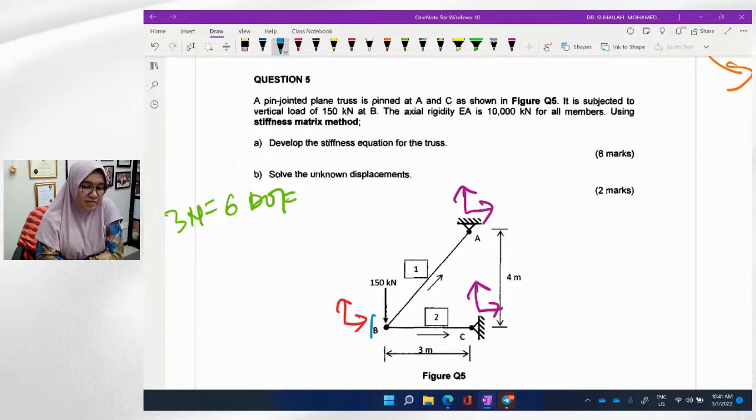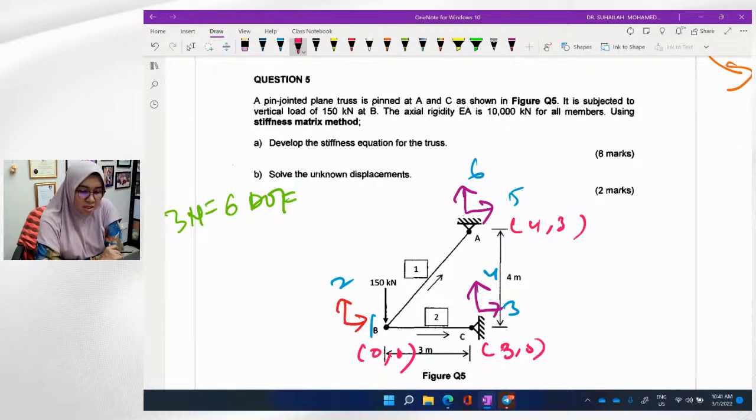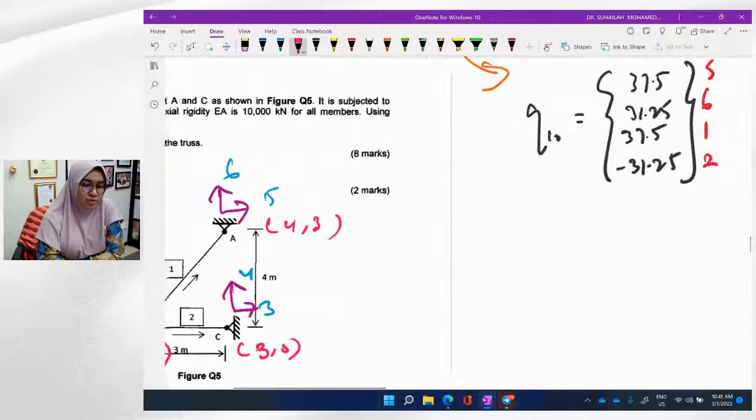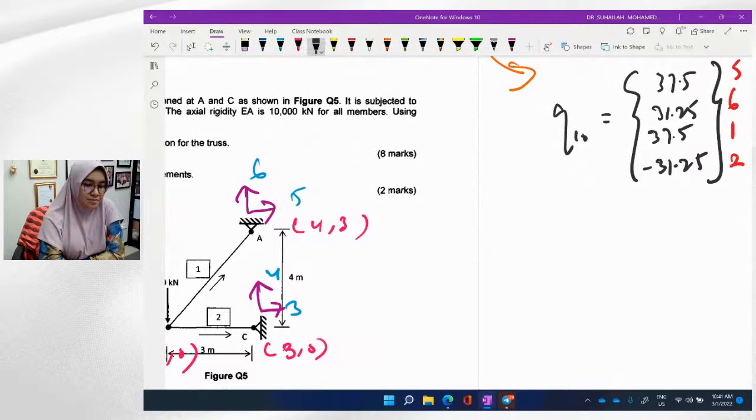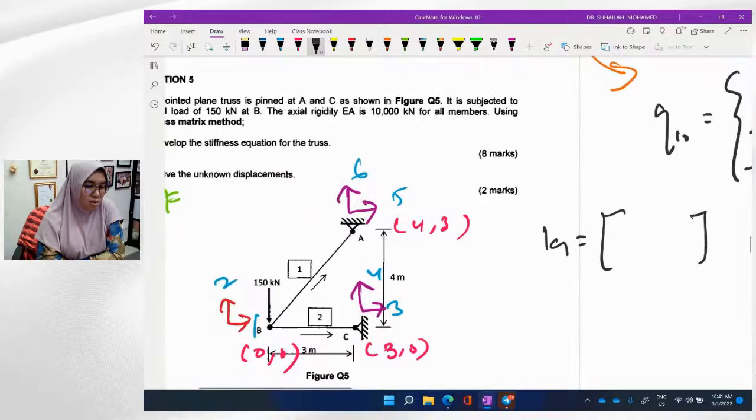Labeling is very important. Put the arrow and origin. So this will be 0, 0. This will be 3, 0. This will be 4, 3. So this is a straightforward question. The arrow is there, so we will produce K1, 4 by 4.